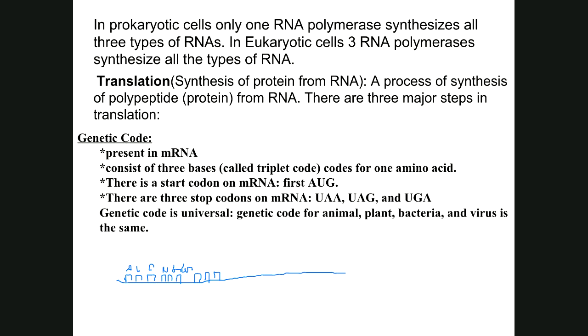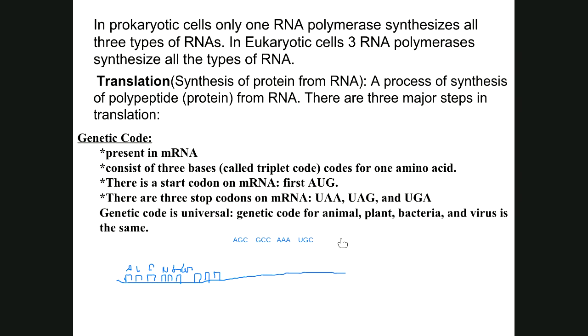This way they make different codes. And where are these codes present? They are present in messenger RNA. These codes carry the genetic message. Each code is called a genetic code or codon.